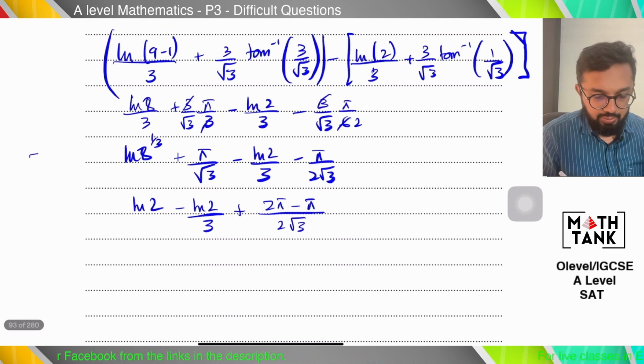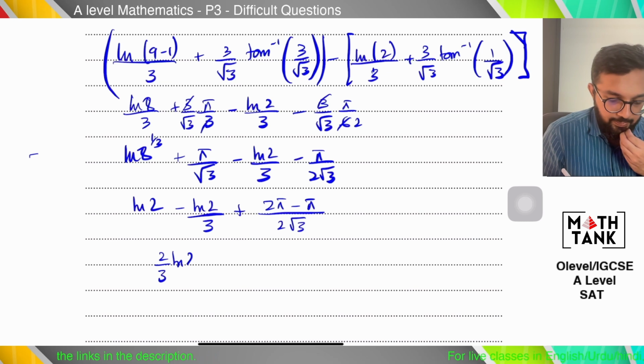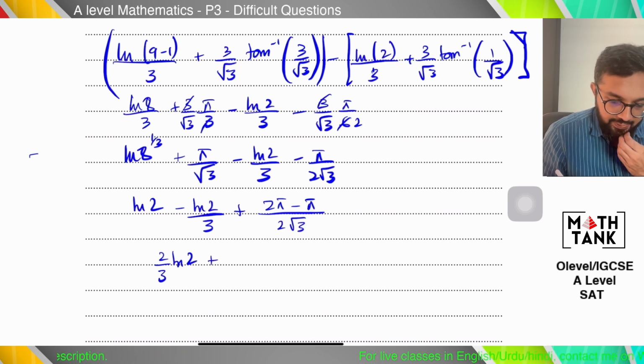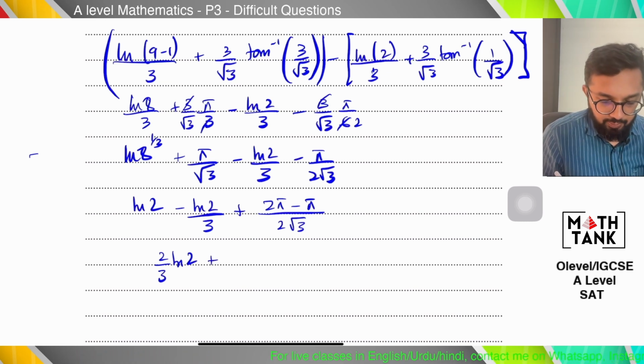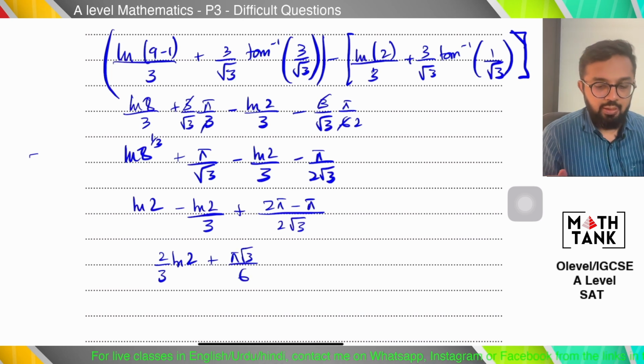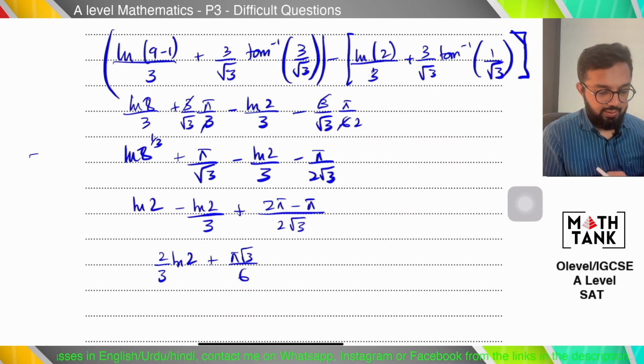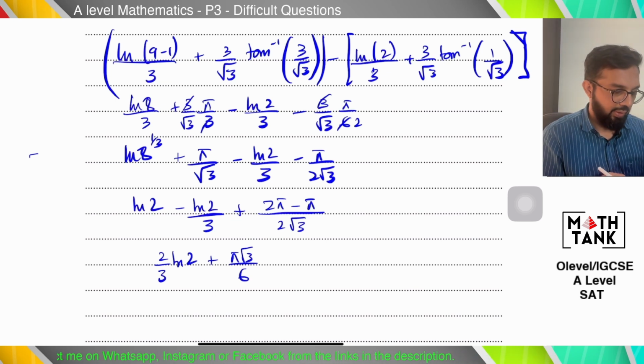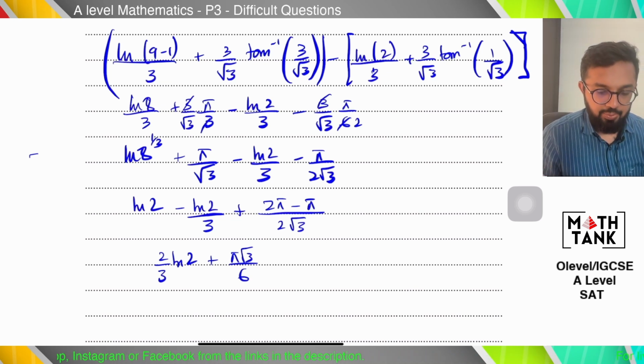So ln 2, that's 2/3 ln 2 plus pi root 3 over 6. That's from my calculator. I just did 1 divided by 2 root 3. So I get root 3 over 6 and I subtract to get pi.